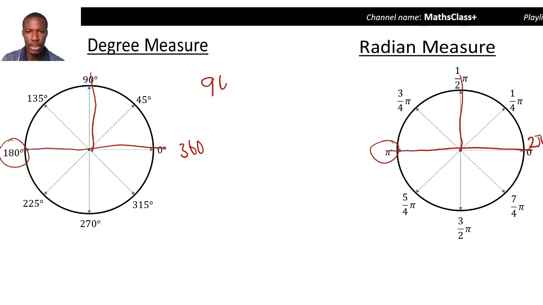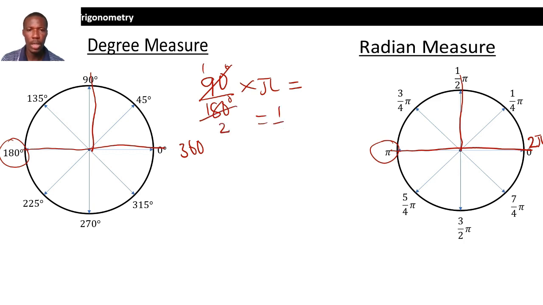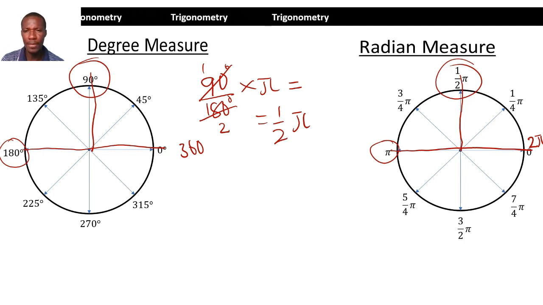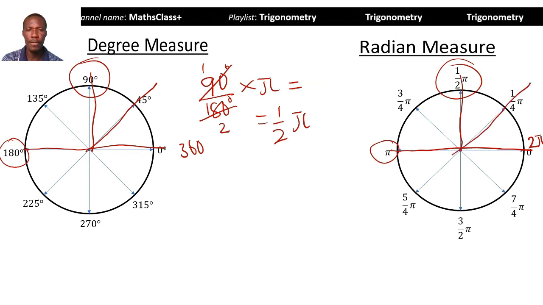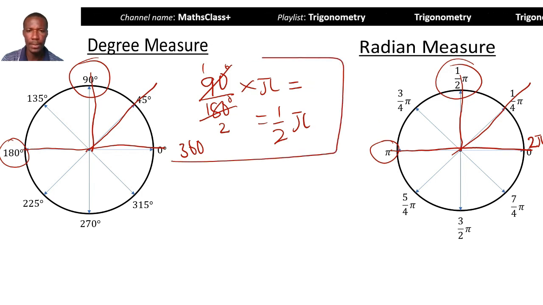So 90 degrees divided by 180 degrees times pi. 90 goes into 180 twice, and that gives me 1 over 2 pi, which is true. That's 90 degrees is equivalent to half pi. Okay, now when I have 90, I get 45. And when I have 1 over 2 pi, I get 1 over 4 pi. So let's also do the conversion to verify once again.